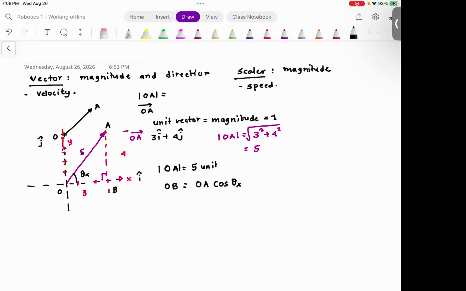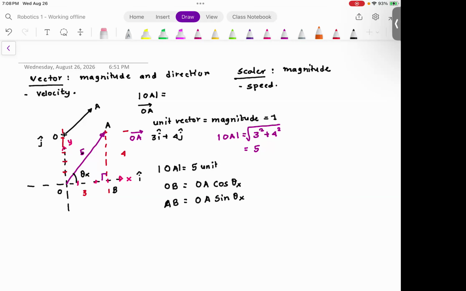I can also say AB is equal to OA sine theta x. So what I have done is I have resolved this vector OA into its components.